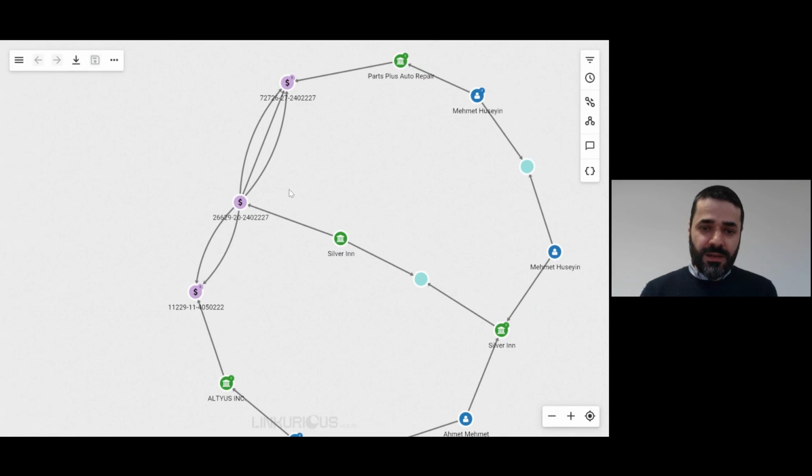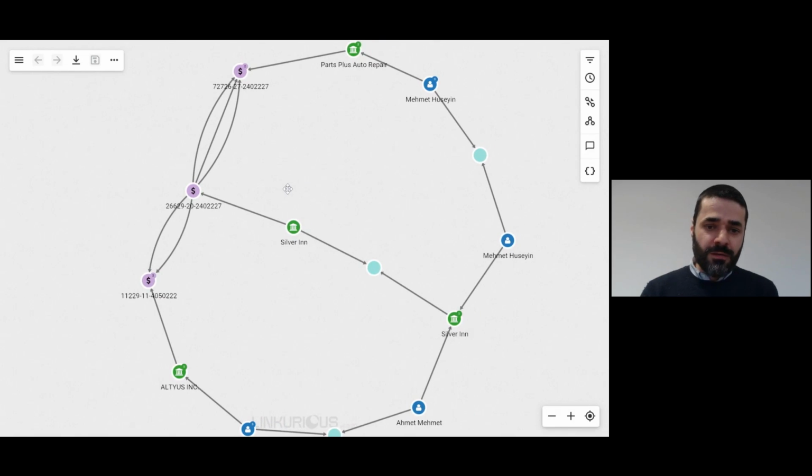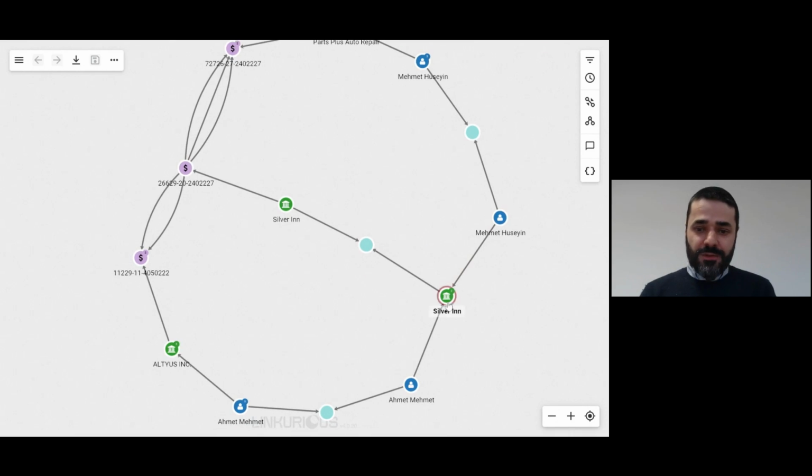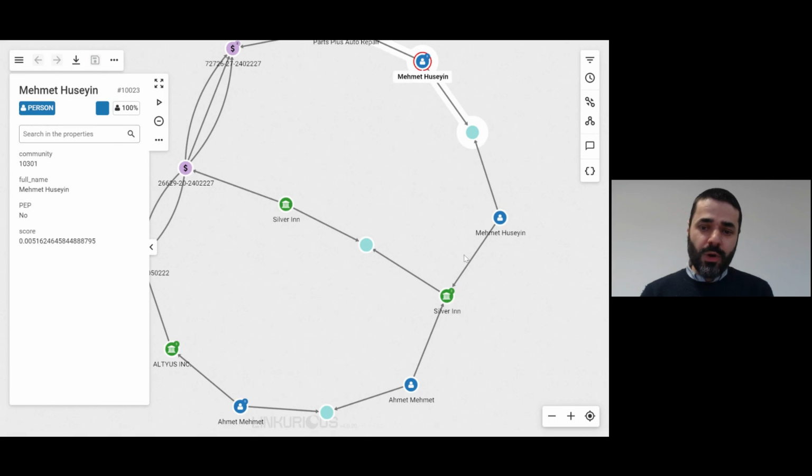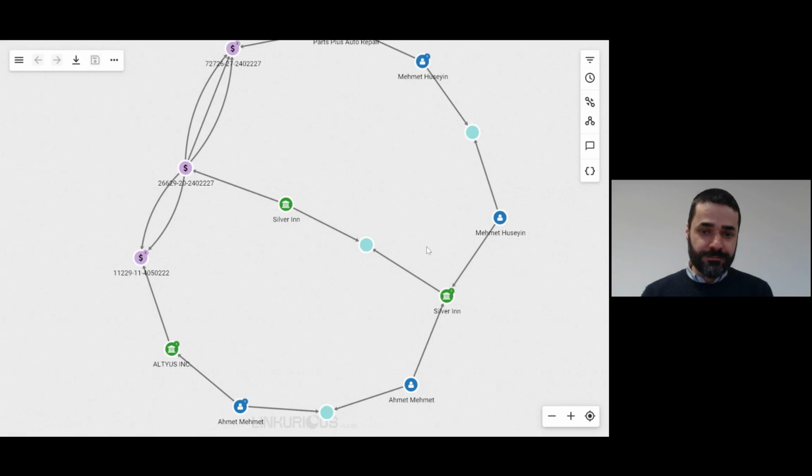And here we can see when we zoom out that we indeed are looking at a ring where these bank accounts are actually belonging to the same persons, because at the end of the day, it's Silver Inn sending money to these companies that are controlled by this guy, and these guys were directors of Silver Inn.